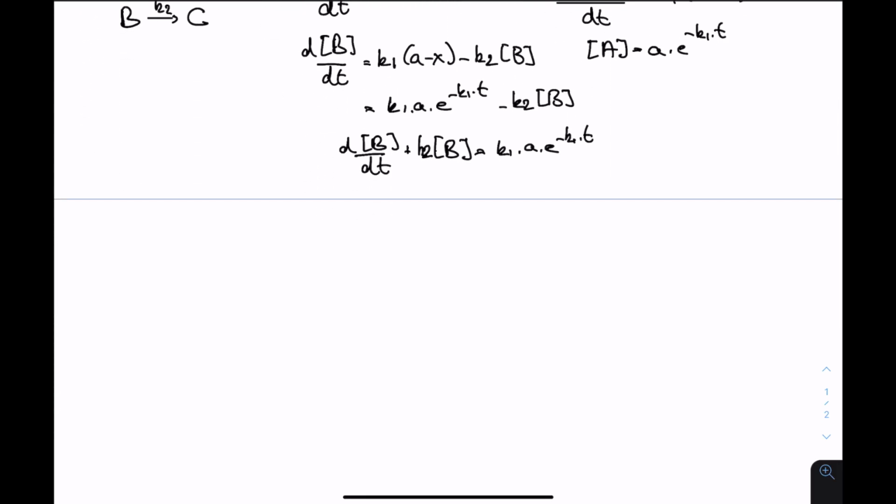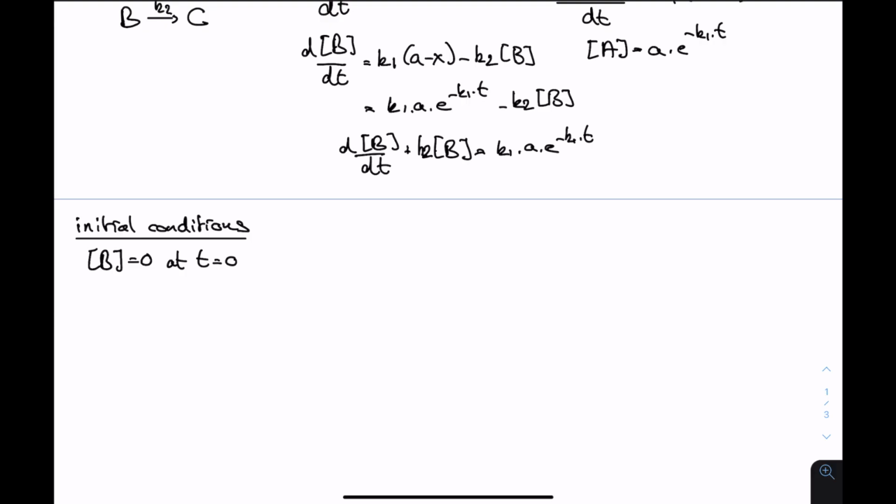So we have initial conditions: the concentration of B equals 0 at time 0.